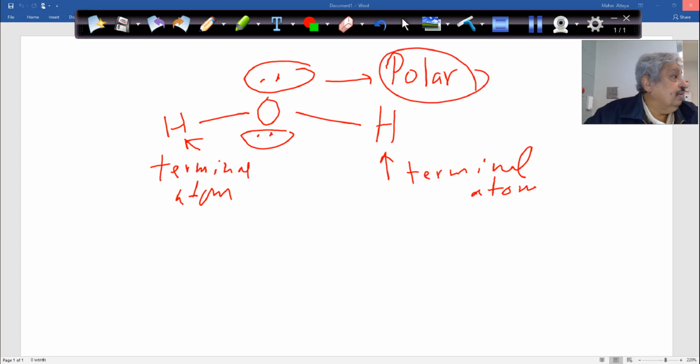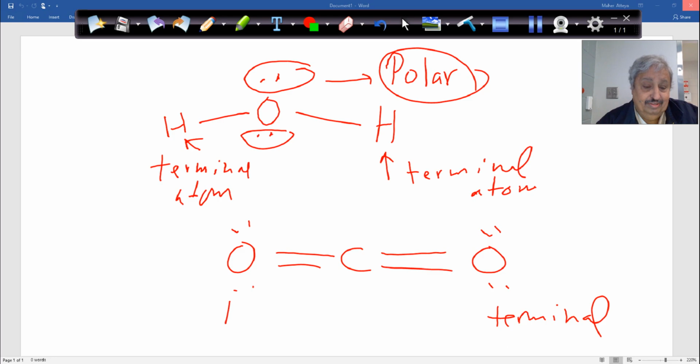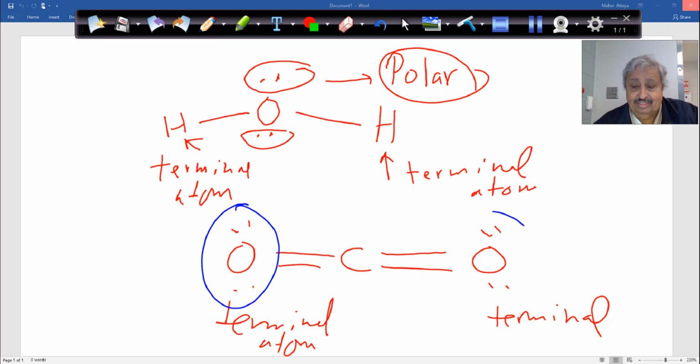Period. Correct? Now any molecule that has no lone pair but similar terminal atoms, VSEPR will tell us, well, this is oxygen and this is oxygen.